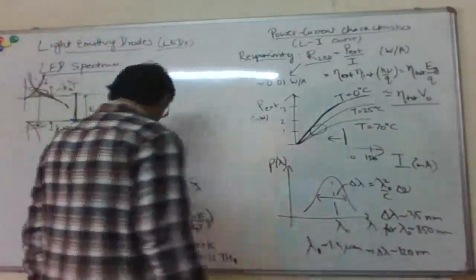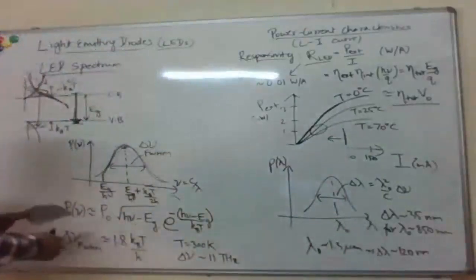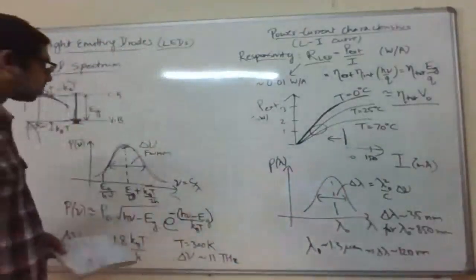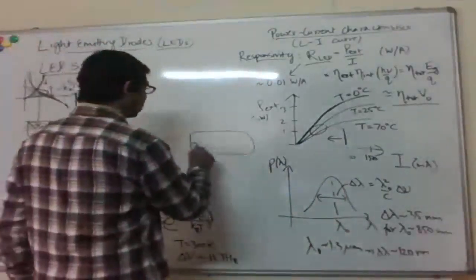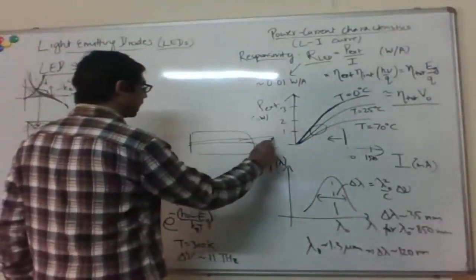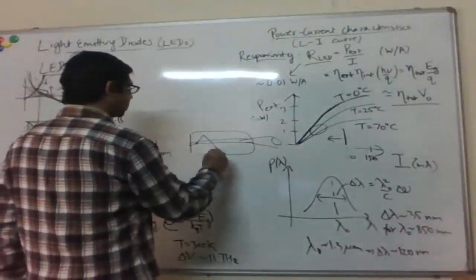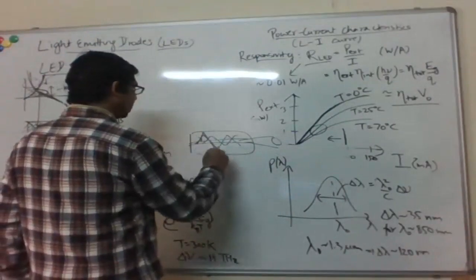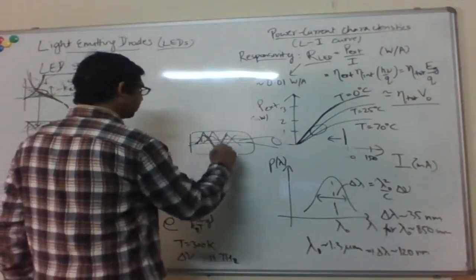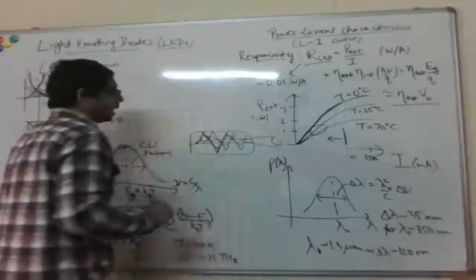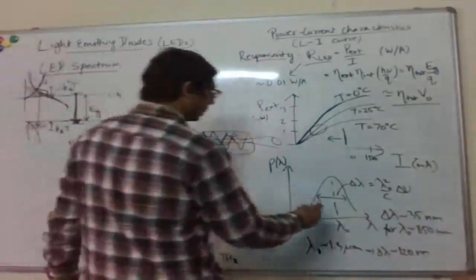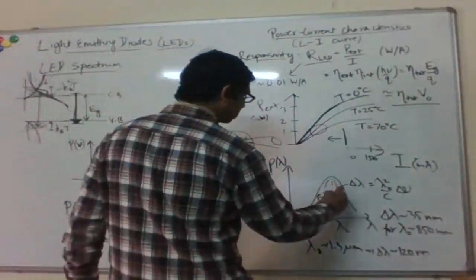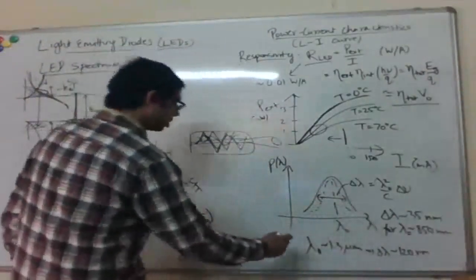Okay, again, this is assuming a surface emission, right? If you go for an edge emission like this, then a lot of the light is internally reflected and then reabsorbed within the device. This spectrum can become slightly narrower for edge emitting.